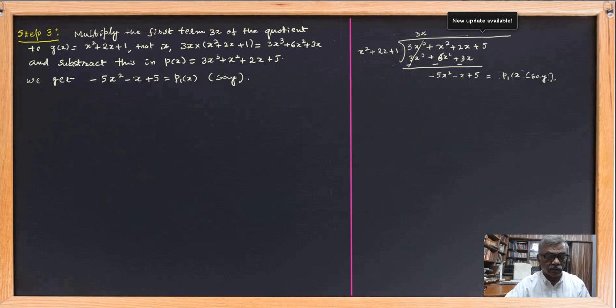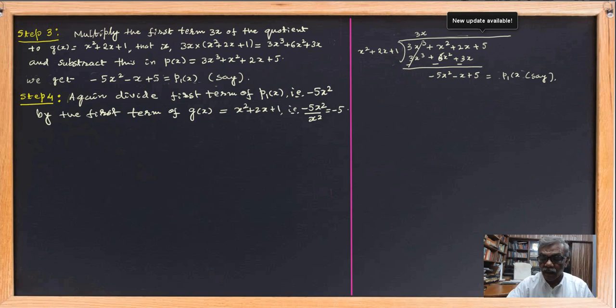Then we go to the next step, step 4, and again divide the first term of P1(x). The first term of P1(x) is minus 5x square, divided by the first term of the divisor, that will give minus 5.